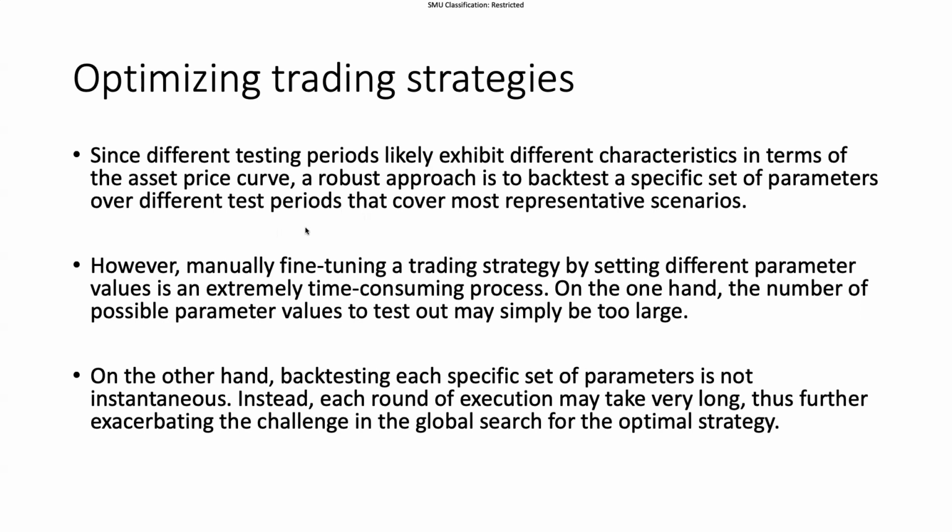However, if we do this manually, right, we manually fine tune the trading strategy by changing the different parameter configurations, then this will become a very time-consuming process, right? There are different reasons, because the number of possible parameter values to test out may simply be too large.